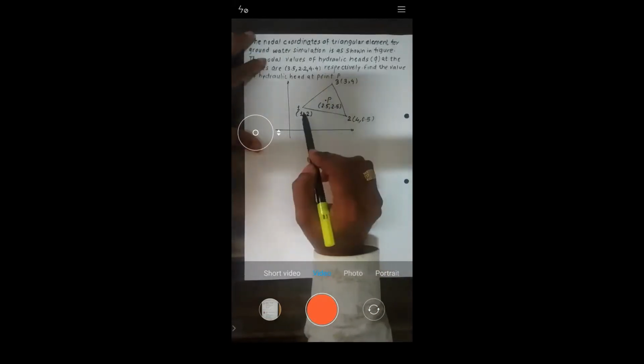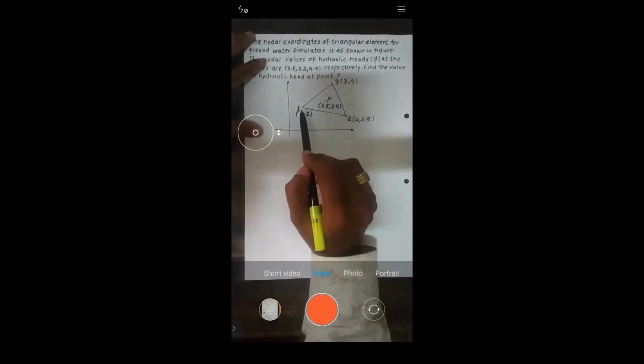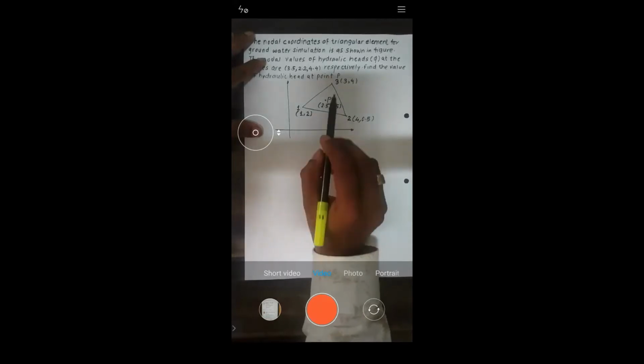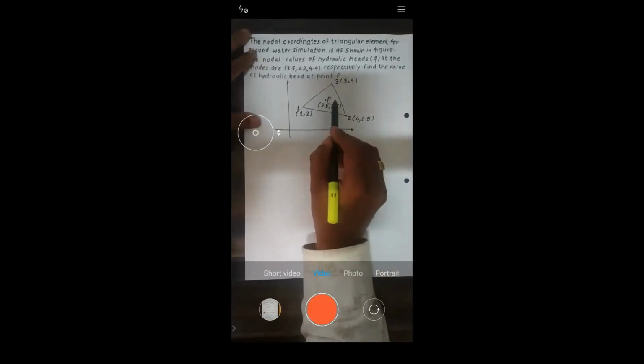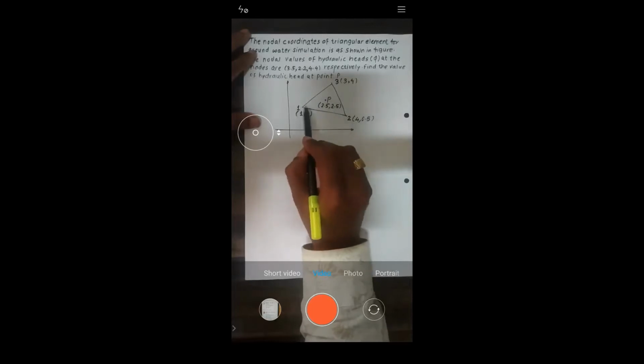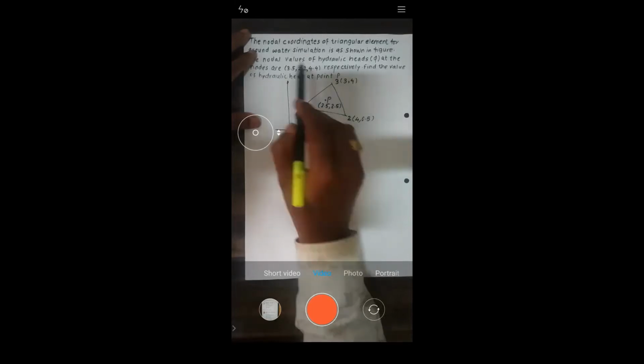Similarly, they have given the coordinate of point P. Now they're asking what is the hydraulic head at point P, provided hydraulic head at point number 1, point number 2, and point number 3 is given. Right? So now we need to start with the solution of this particular problem.